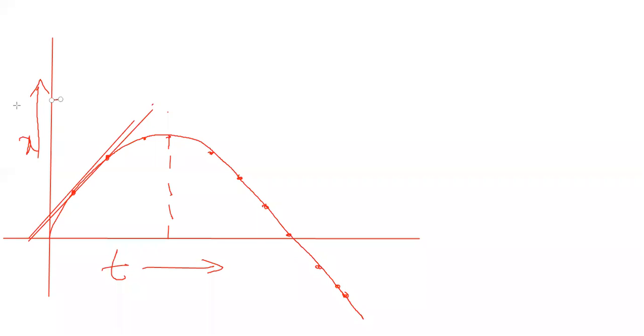So I have to draw this curve properly. At this point I want to draw the tangent. How do I draw? Like this. Of course, I can't draw it outside my laptop, so it will be somewhere outside. It will cut somewhere there. Here at this point, I want to draw the tangent.